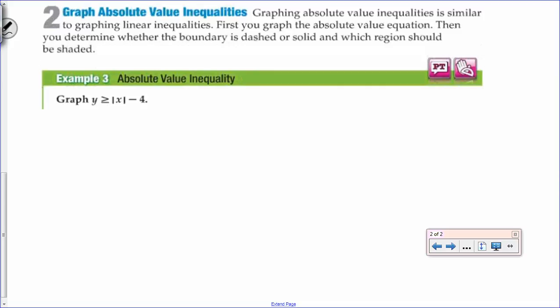All right, so graph the absolute value inequalities. Graphing absolute value inequalities is similar to graphing linear inequalities. First, you graph the absolute value equation. So in this example 3, first we're going to graph y equals the absolute value of x minus 4.